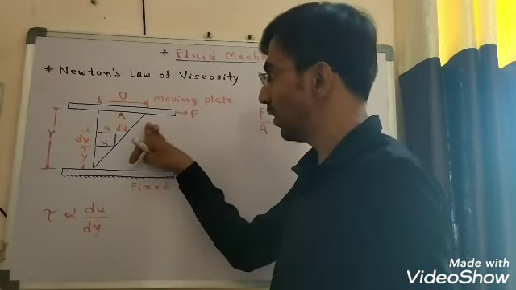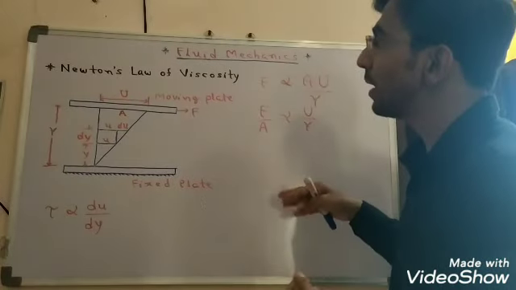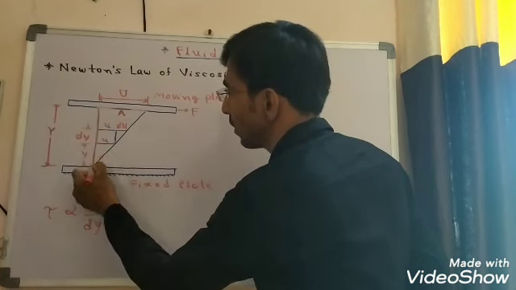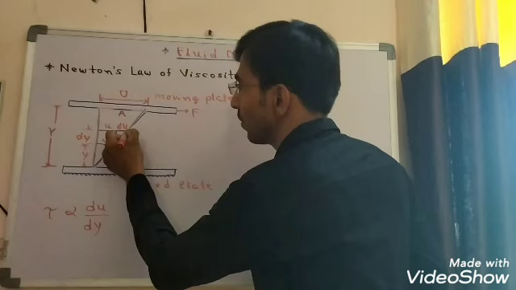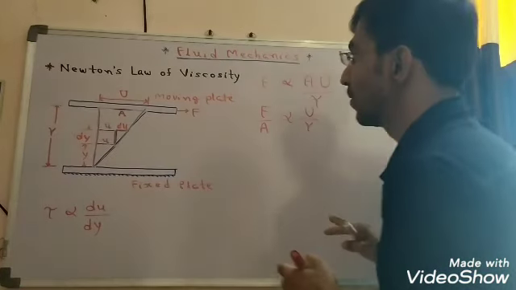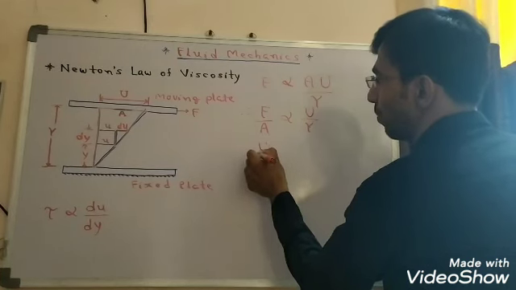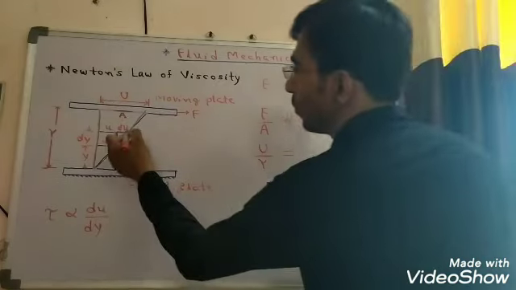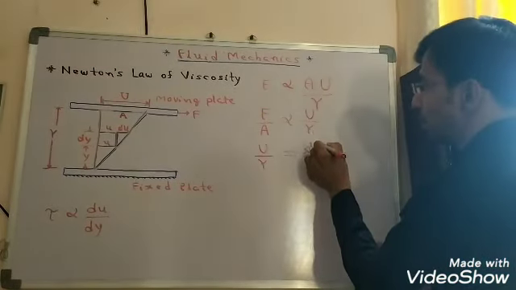From this figure, from similar triangles, this triangle and this triangle, here u by y is equal to du by dy.